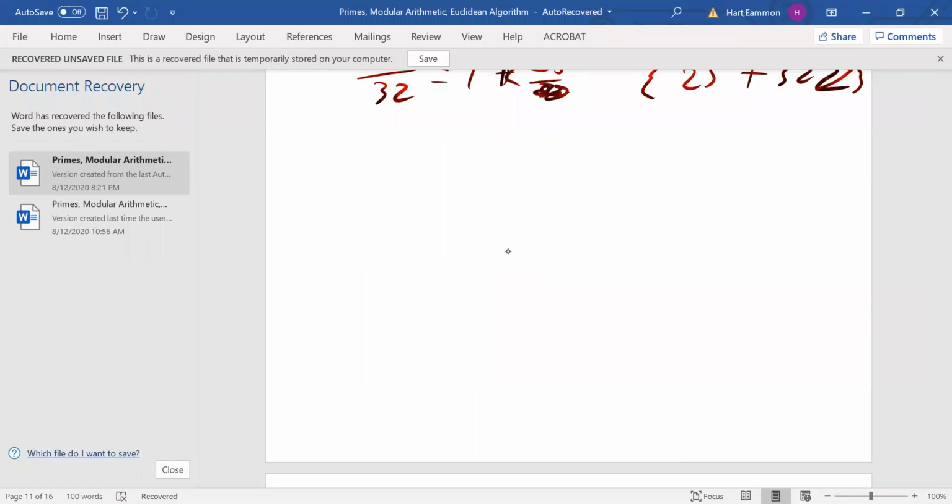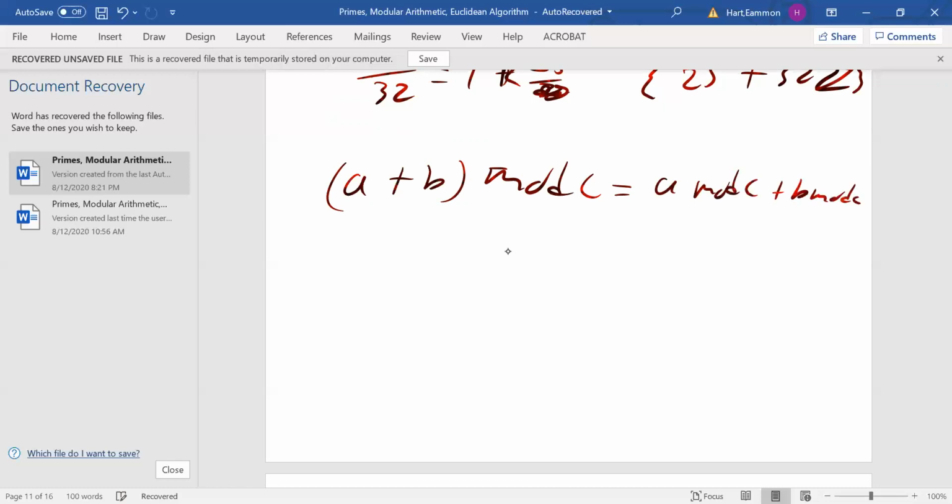So if I have two numbers a and b, then a plus b mod c is equal to a mod c plus b mod c. All this mod c.